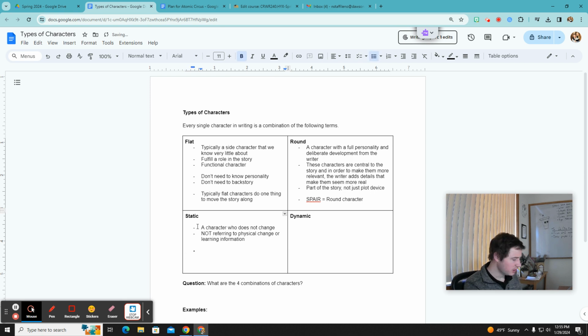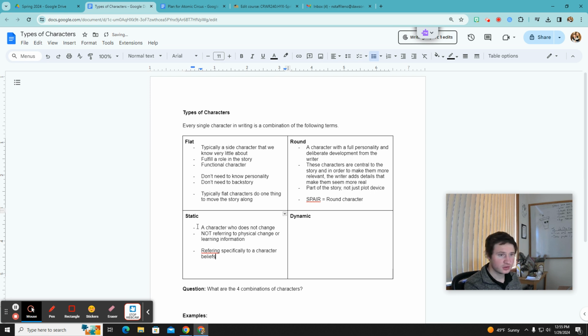We're referring specifically to a character's beliefs, attitudes, side, like if it's a war story and there's two sides, side of a fight, light side, dark side, that kind of thing.